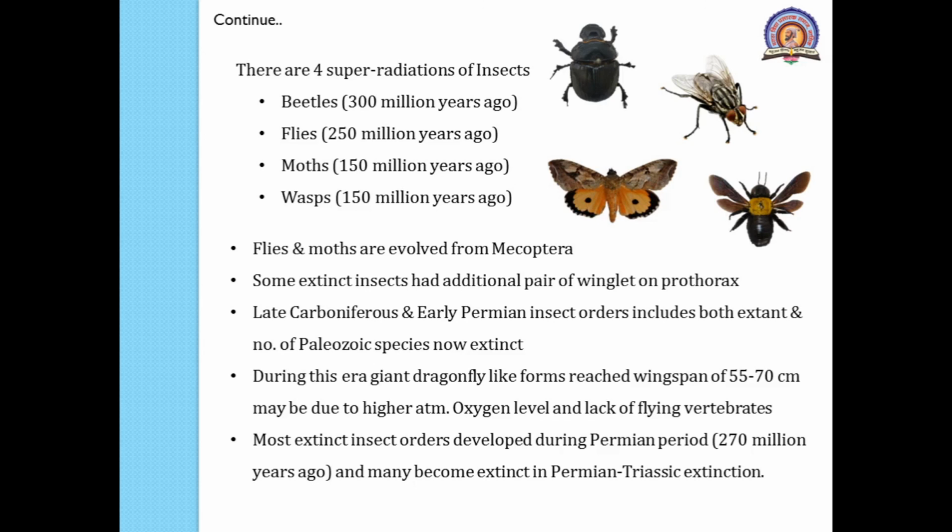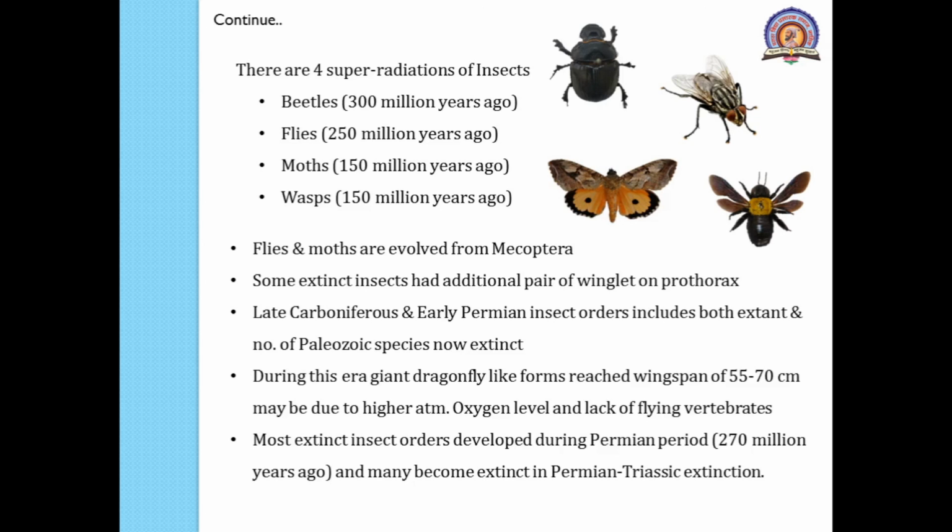Another probable reason is the lack of flying vertebrates, because there was no competition in the air with the insects at that age, and this is the reason such gigantism can be found in the wing form of insects in an earlier period.